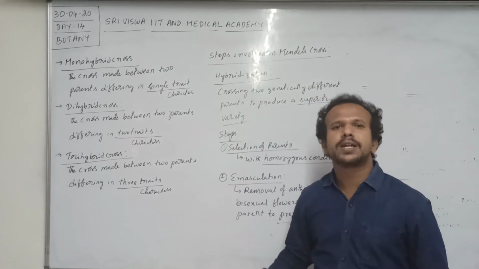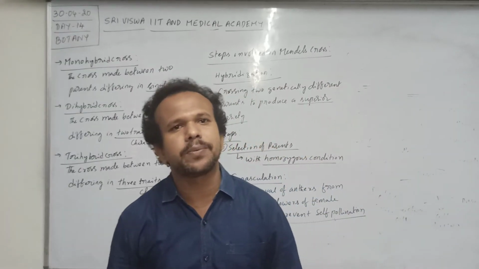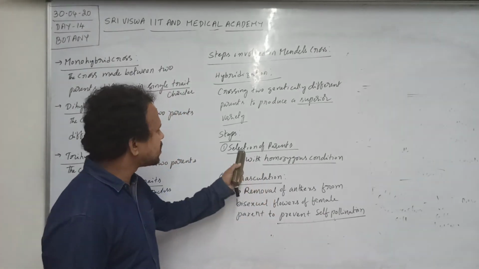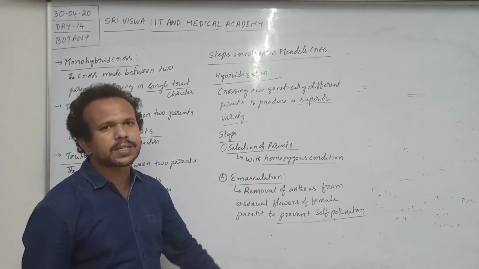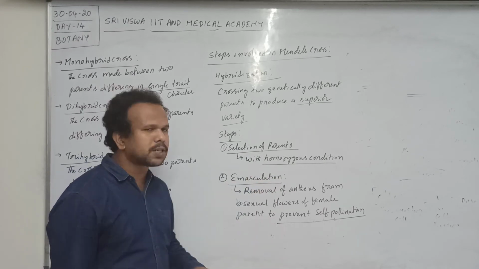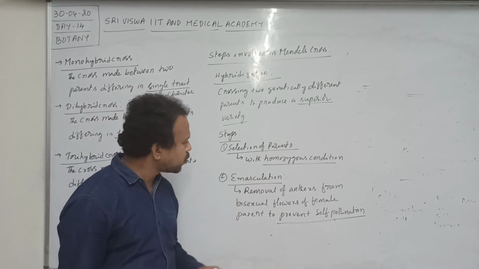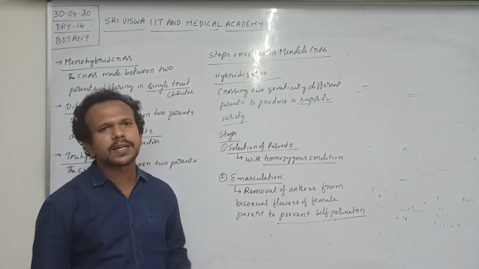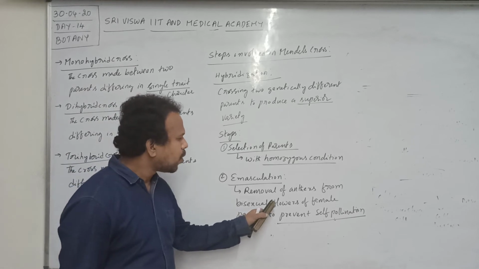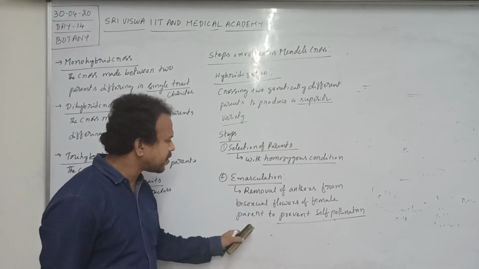Hybridization or artificial cross-pollination involves certain important steps, where the first one is selection of the parents. Parents are usually with homozygous condition. Then emasculation. Emasculation is nothing but the removal of anthers from bisexual flowers of the female parent. Generally, it is necessary only in the bisexual flowers of the female parent.